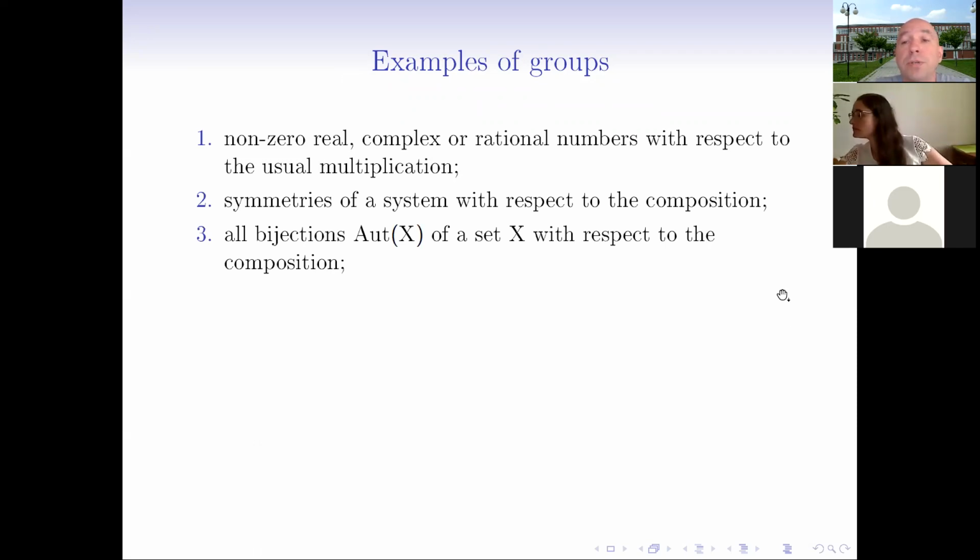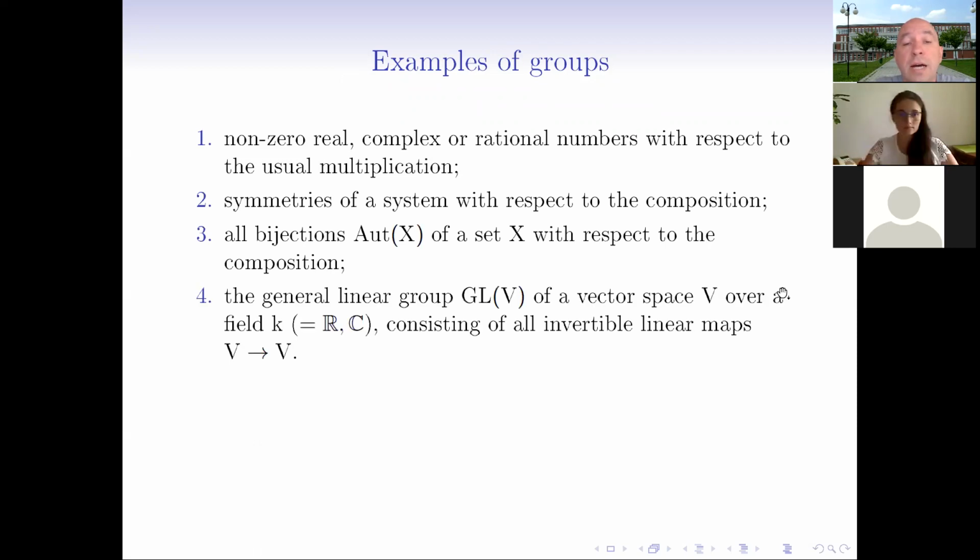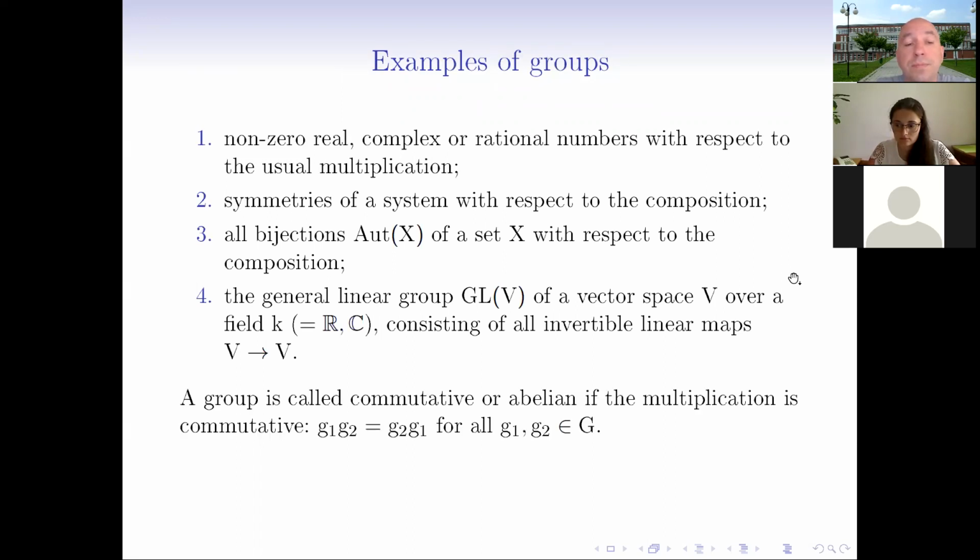Sometimes it's called a symmetric group of a set X. The general linear group GL(V) of a vector space V, the vector space is over some field K, in our case it's usually R or C, and this consists of all invertible linear maps from V to V. And again, the multiplication is the composition.